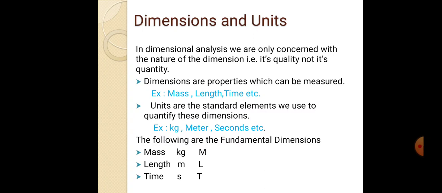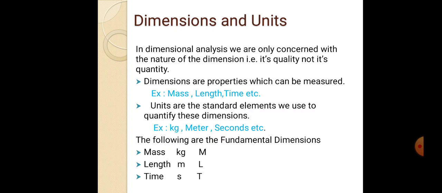In dimensional analysis, we are only concerned with the nature of the dimension, that is, its quality, not its quantity. It means we are always trying to reduce the number of variables. So we are mainly concerned with its quality, not its quantity.